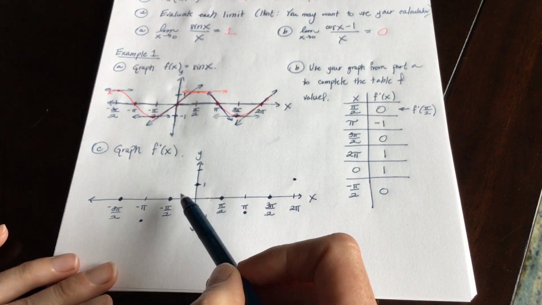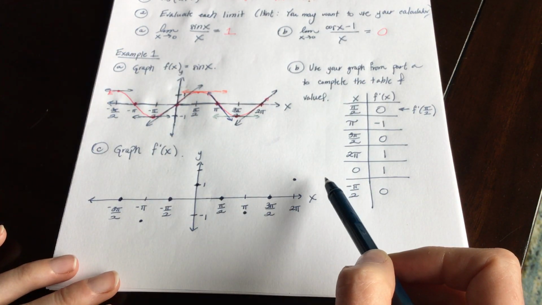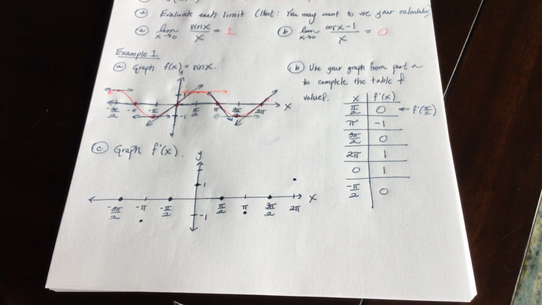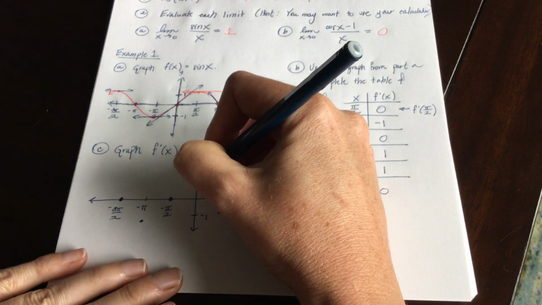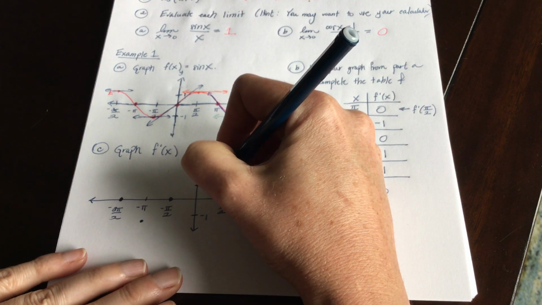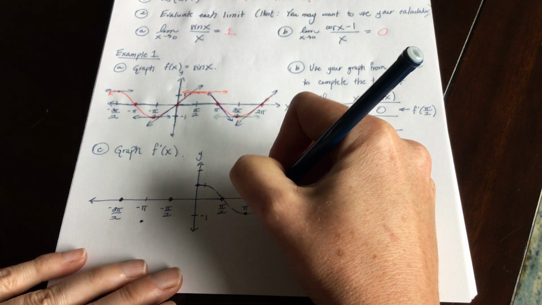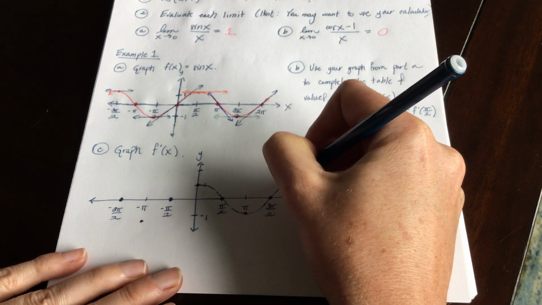Now, if you look at these points that we have here for the graph of f prime, I'm sure there are lots of ways you could connect these points, but how many of you are actually quite tempted to fill it in with this?